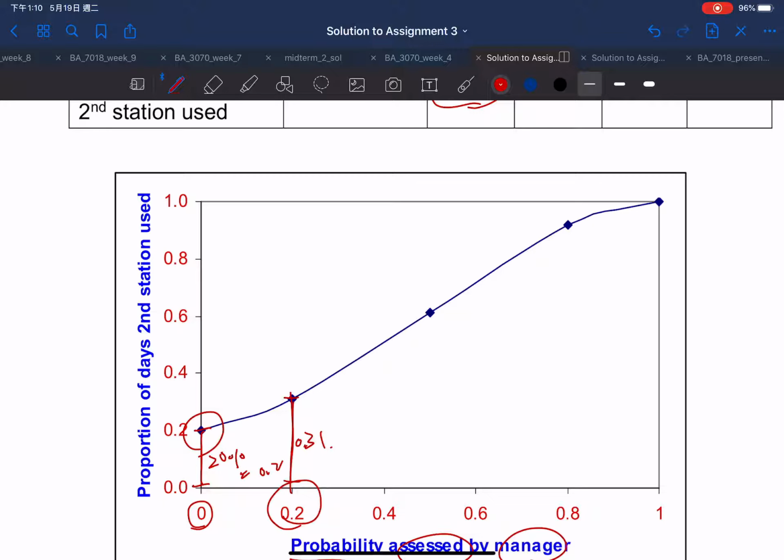This is the definition of calibration. So if you don't know how to draw this graph, you must not remember the definition of calibration. Otherwise, this is not really that hard. This is just simply plotting points by definition. If you still don't understand what I'm talking about, you should definitely read the textbook about calibration. Okay?